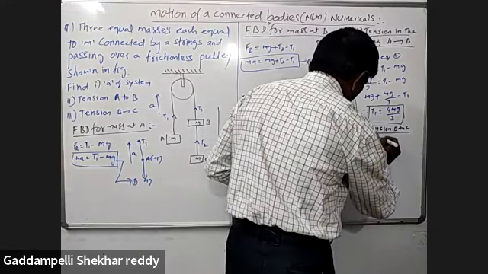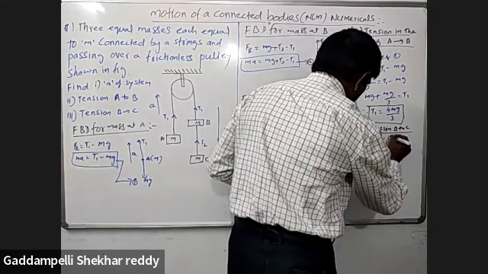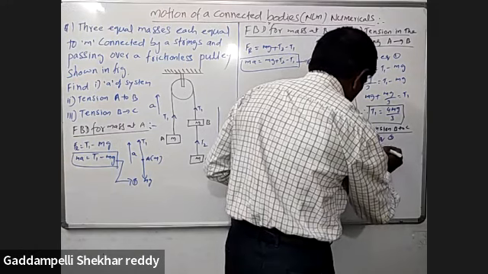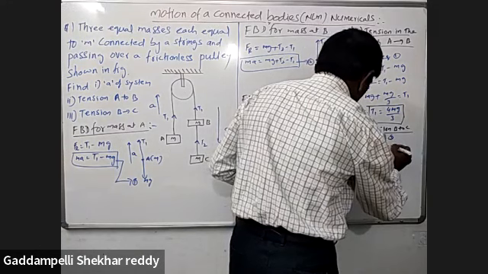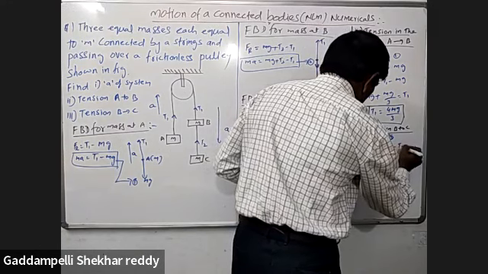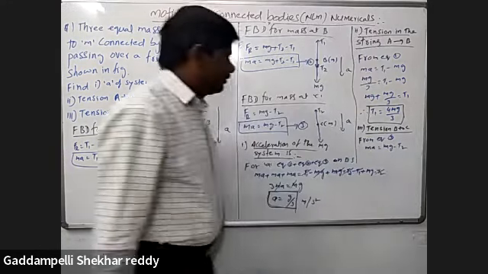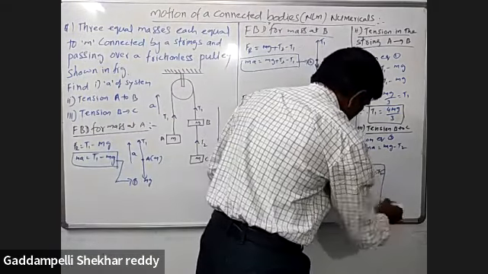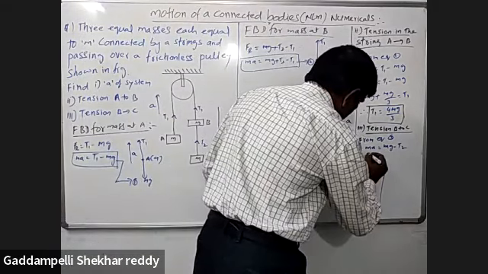From equation 3, MA is equal to mg minus T2. In this equation, the a value is substituted: a is equal to g by 3.